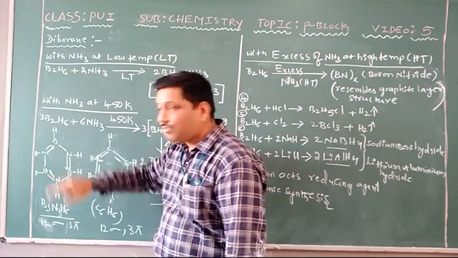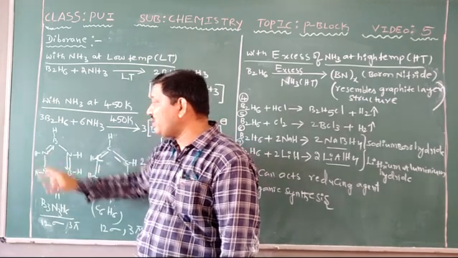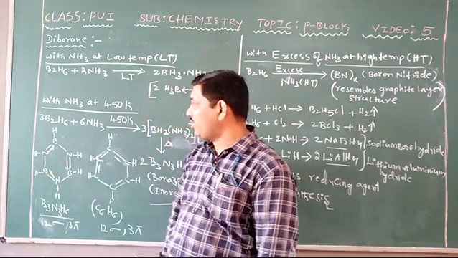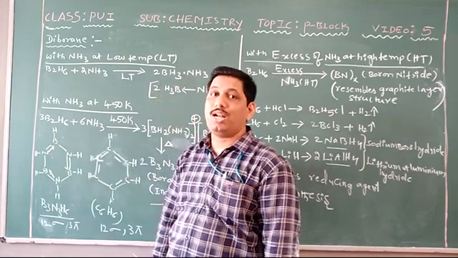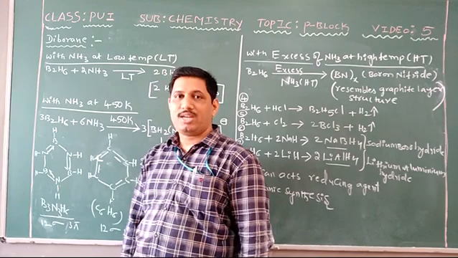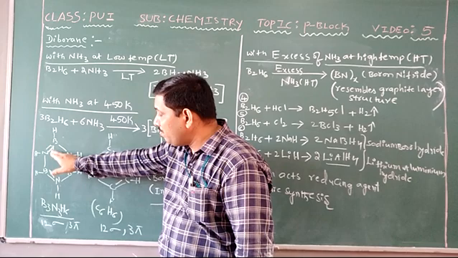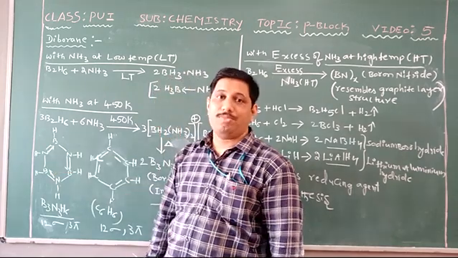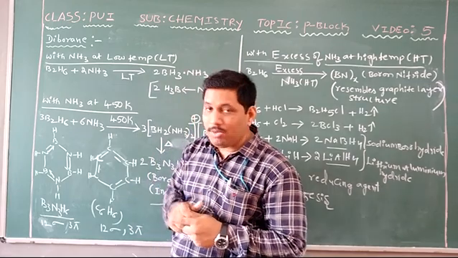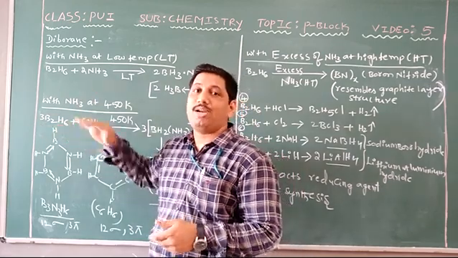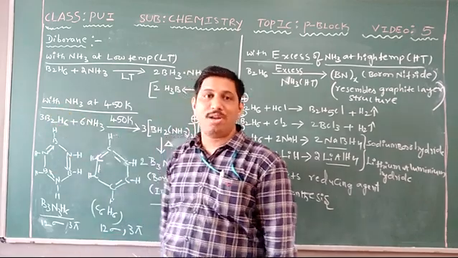Therefore, in borazine, around the nitrogen atom, 4 bonds are present. Similarly, around the boron atom, 4 bonds are present. Clear, students? Here, the nitrogen atom forms a coordinate covalent bond with the boron atom. In borazine or inorganic benzene, the coordinate covalent bond is formed from nitrogen to boron atom. Nitrogen donates a lone pair of electrons, boron accepts the lone pair of electrons.